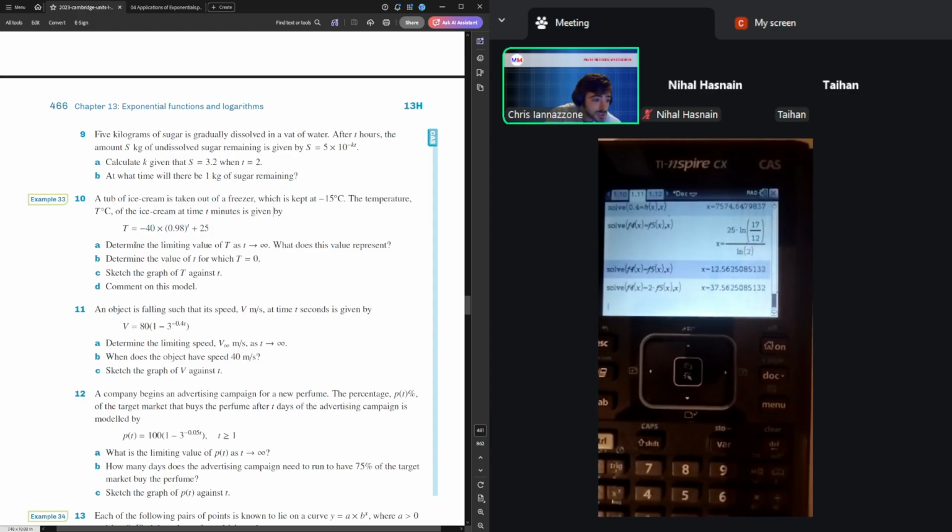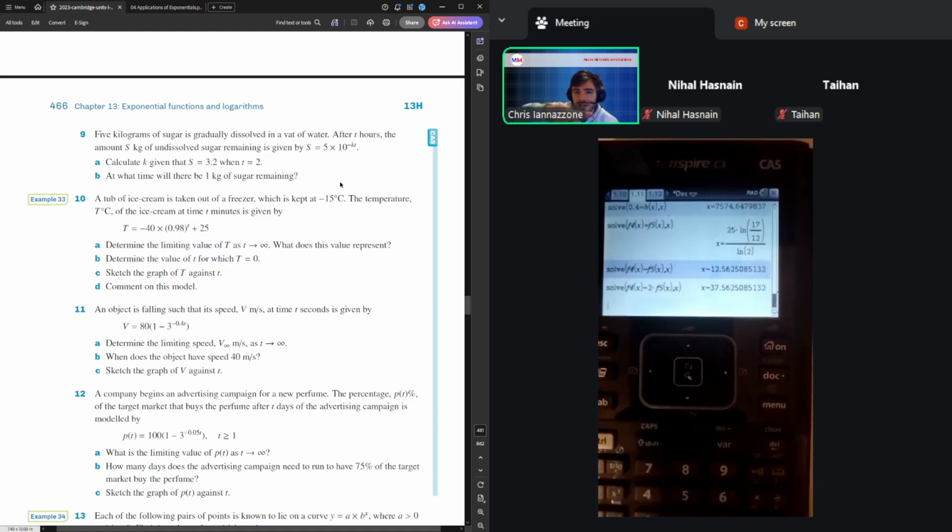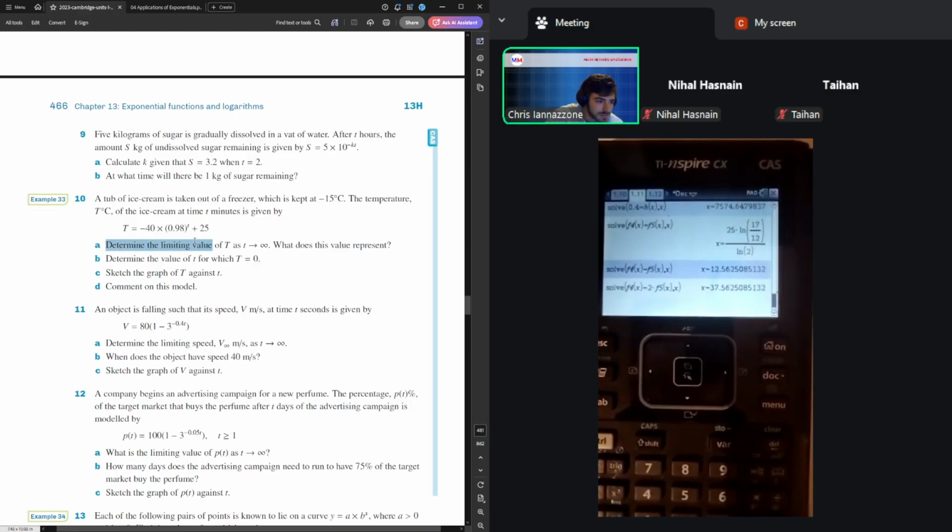Okay. Yeah. So if you understood the graph, the way that shape is, because it's a base between 0 and 1, it's going to flip horizontally. It's going to cause it to flip vertically. So yeah, it will plateau at a max rather than a min. What they mean by the limiting value specifically is limits, right? If you remember limits as t approaches infinity, it's just what happens when I chuck infinity here.